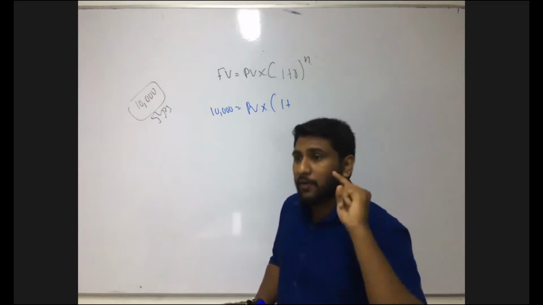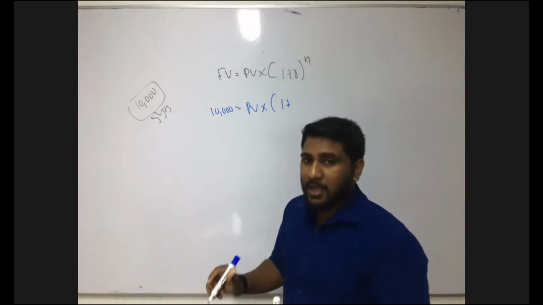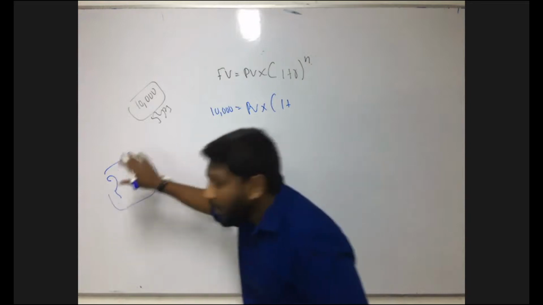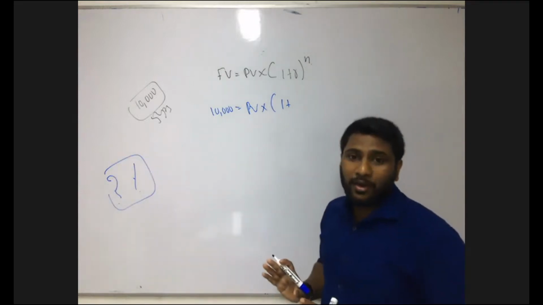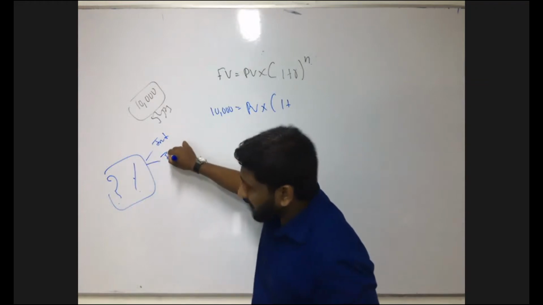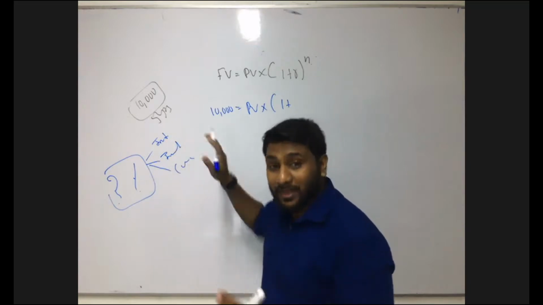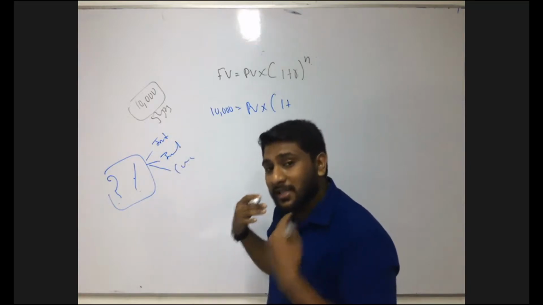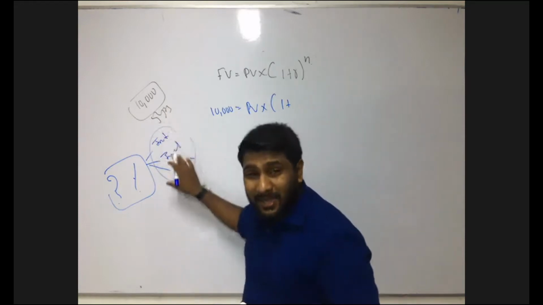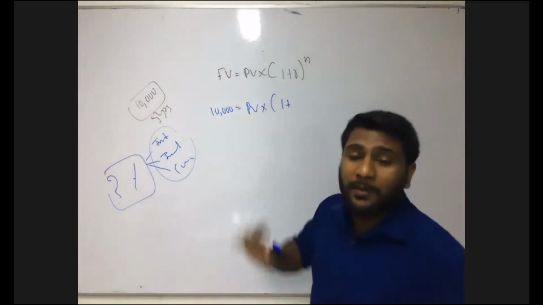If they have given any rate, use that rate and do the calculation. Do not bother whether it is interest, inflation, or cost of capital. These are three different things. You will learn what they are later. But for your level, just keep in mind, if they have given any rate, using that rate, finish off the calculation.